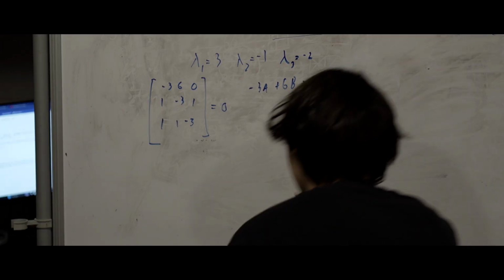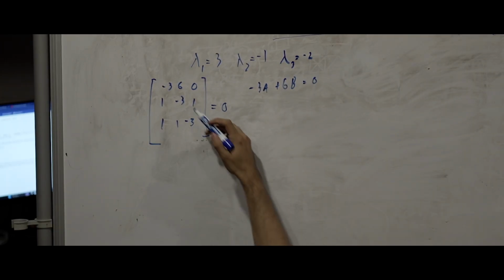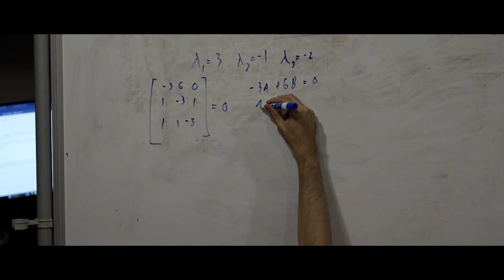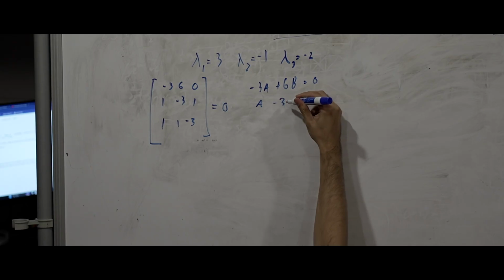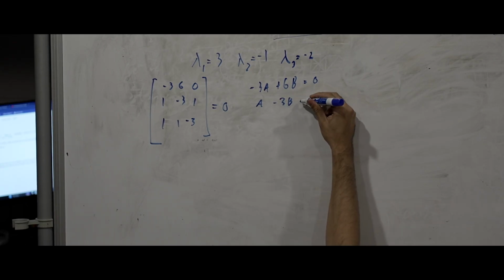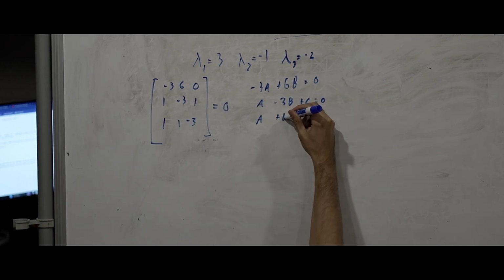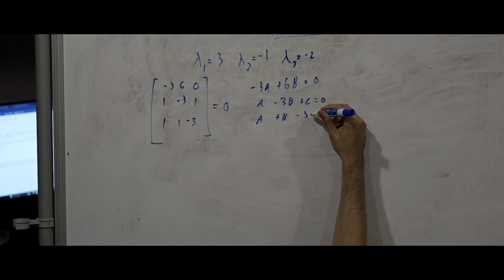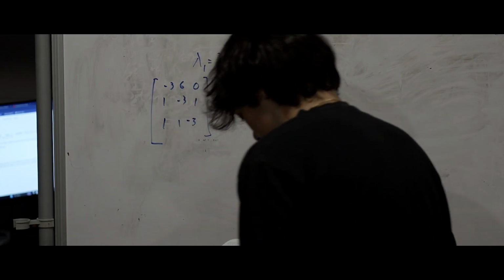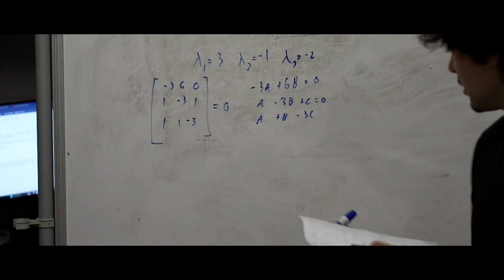And then we're going to continue, right? So over here, this is going to be a minus 3b plus c equals 0. Then we have a plus b minus 3c. Okay. So let's try to solve these.